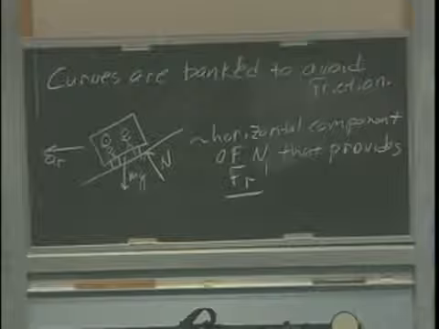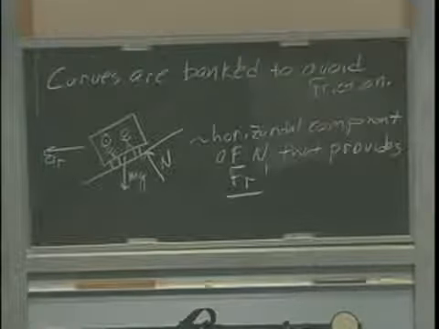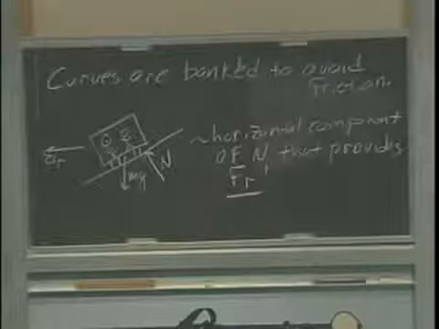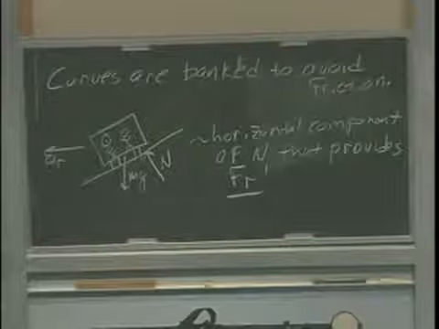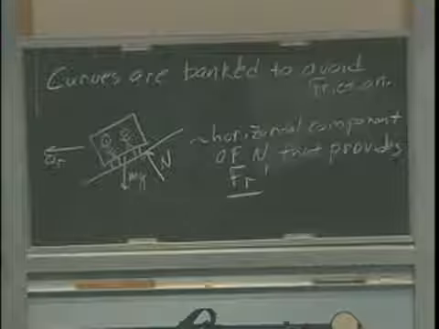So that means that we are not relying at all on friction. We're just relying on the fact that that curve is banked and the normal force has a little component going inwards.